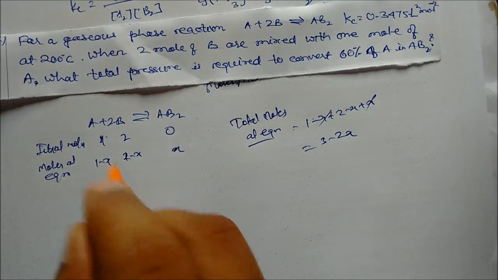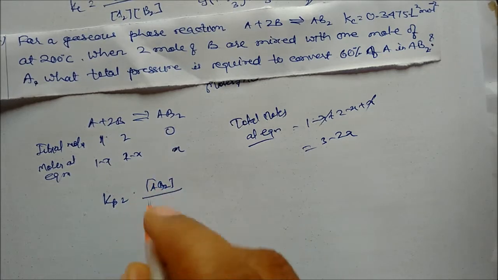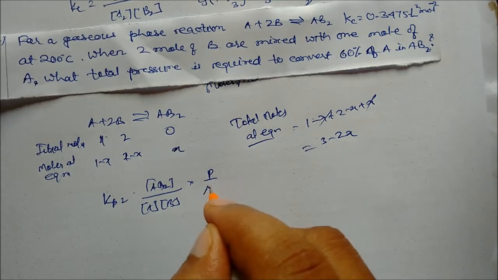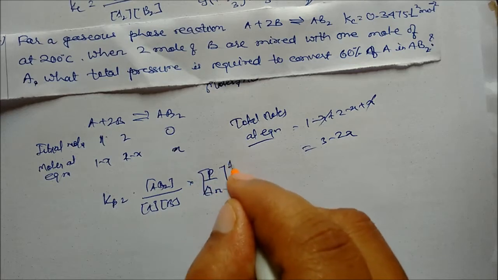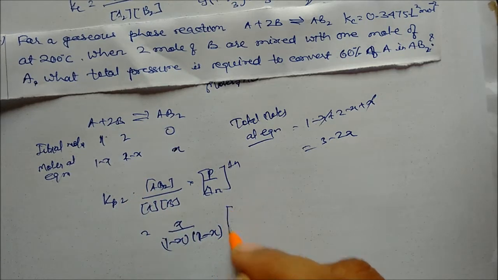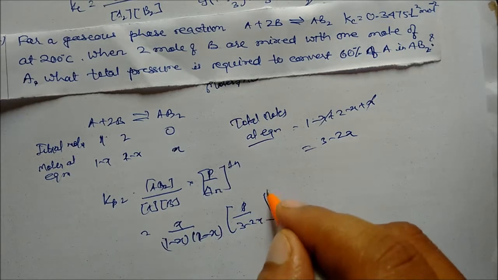Now Kp is given because this is in gaseous state. So Kp is nothing but the concentration of AB2 divided by the concentration of A and the concentration of B2, multiplied by P to the power delta n. So we can put the value: x divided by (1 minus x), (2 minus 2x) whole square, and pressure P, with (3 minus 2x), and the change in moles is 1 minus 3.